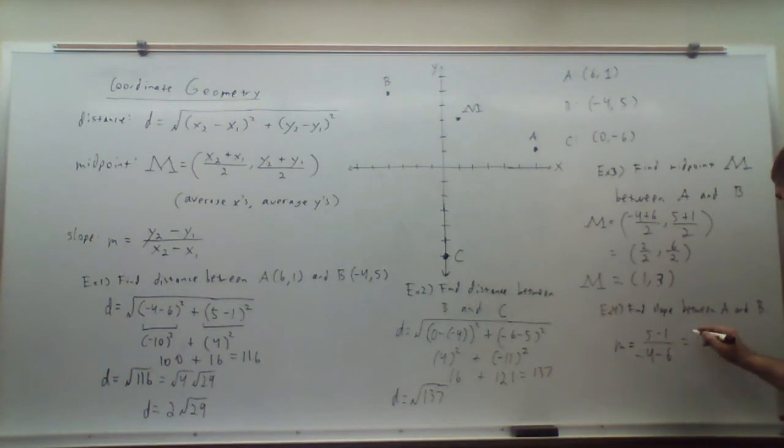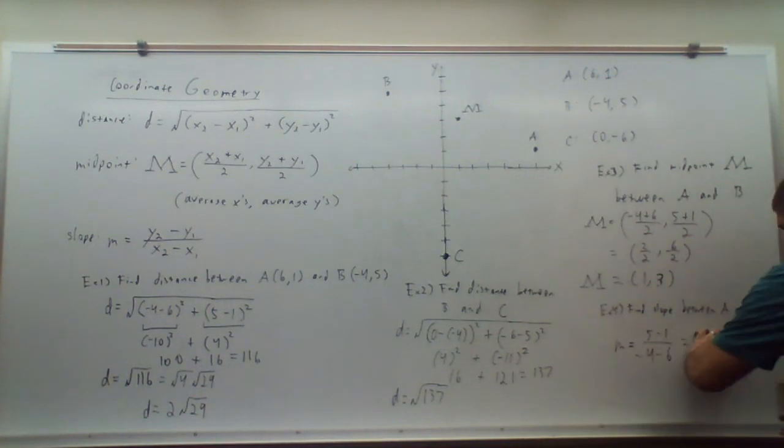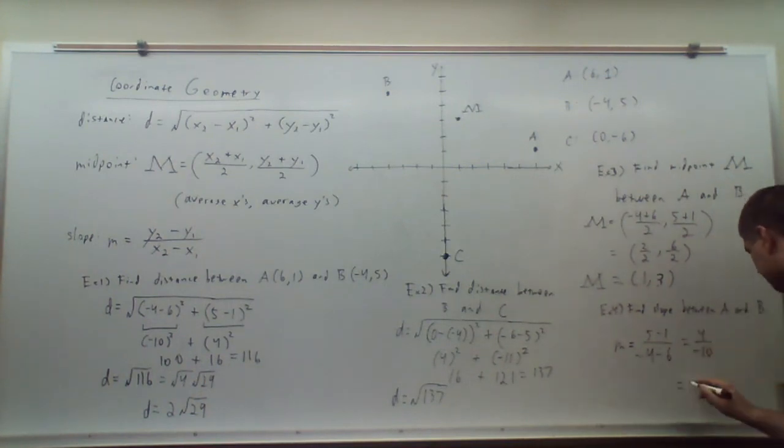So that will give me 4 over negative 10, which reduces to negative 2/5. All right, and I'll stop here.